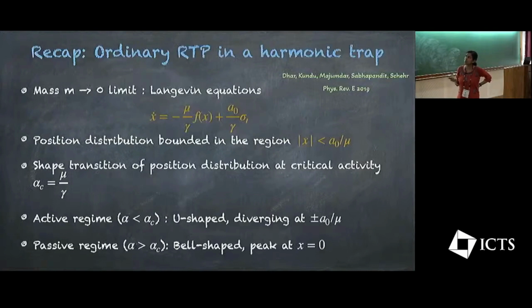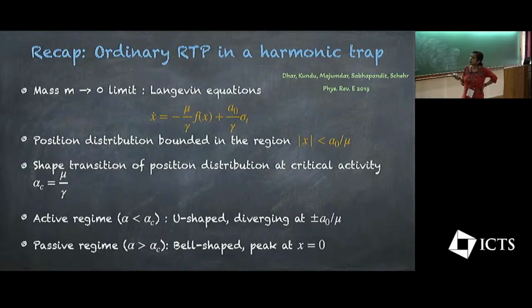So it's good to very briefly recap what happens when we have a massless particle. That's the overdamped RTP that all of us are familiar with. This has been studied in a lot of detail, and particularly the behavior of this particle in a trap has been explicitly calculated by Anupam, Abhishek, Shotto and Sanjib and Gregory.